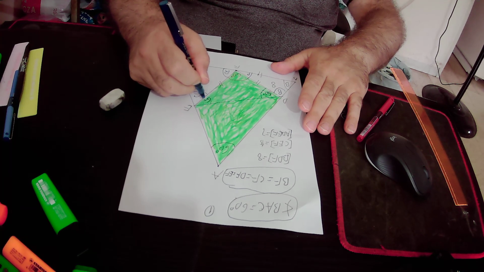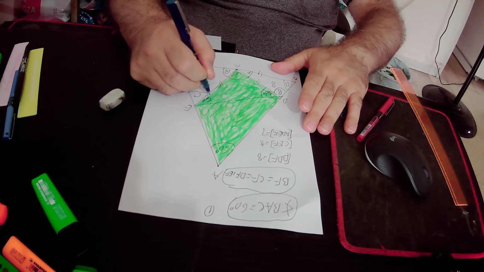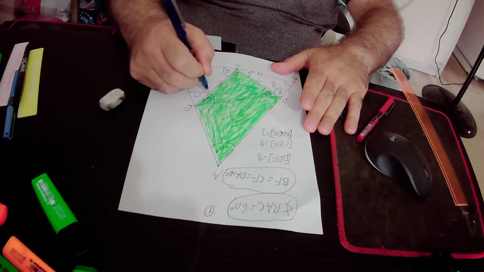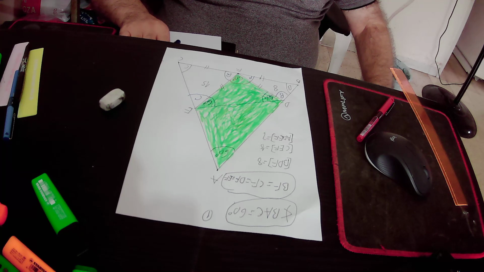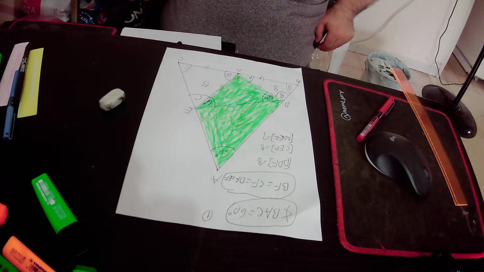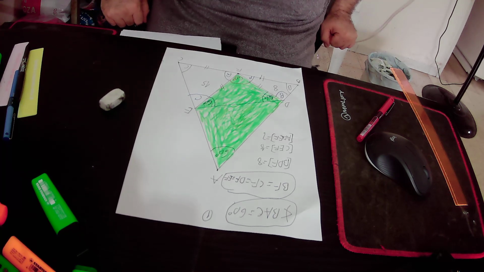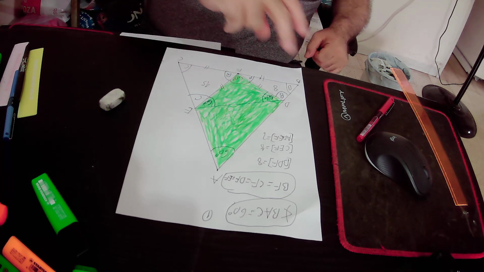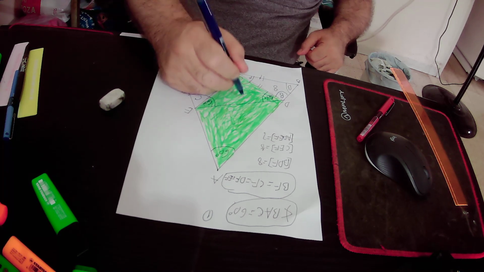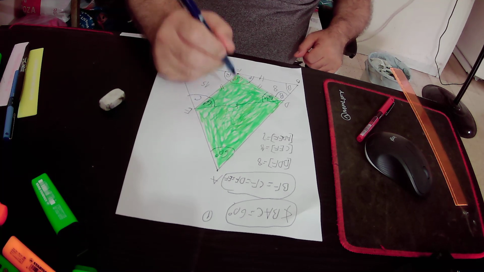Okay, and we also know that all the sides in an equilateral triangle are equal to each other, so side EF equals side DF equals side DE.